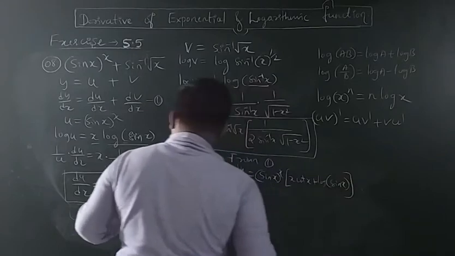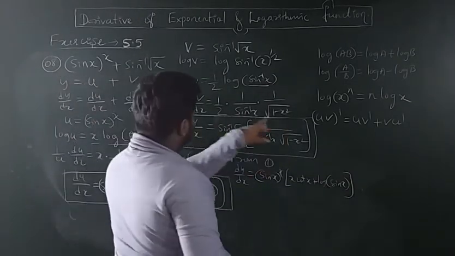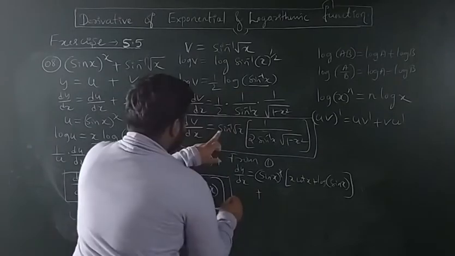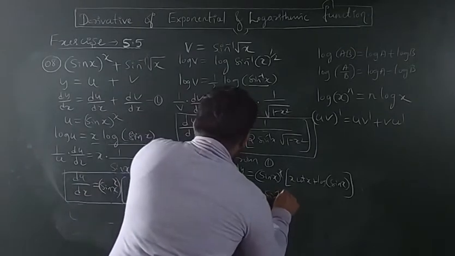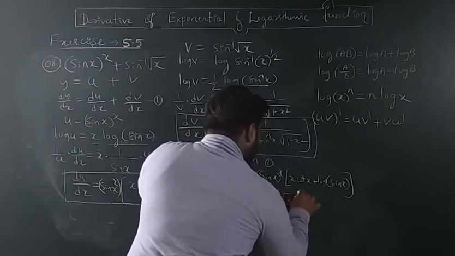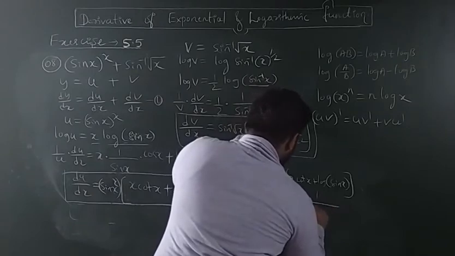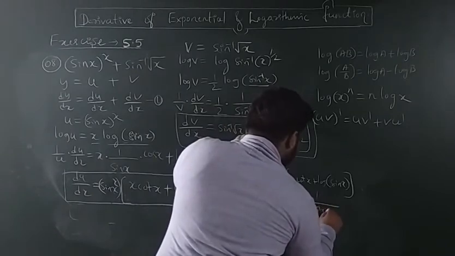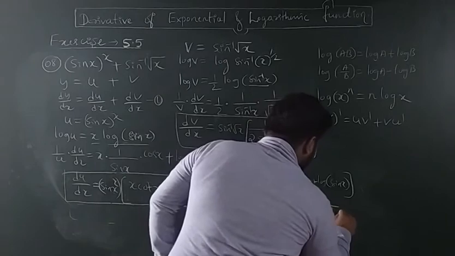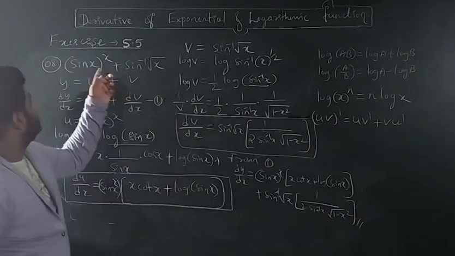Plus dv by dx, which we have found: sin inverse root x into bracket 1 divided by 2 sin inverse x into square root of 1 minus x square. So this is the final answer for this question.